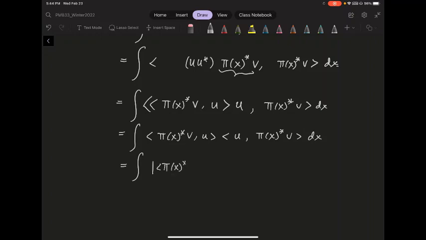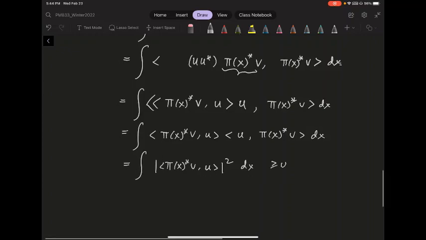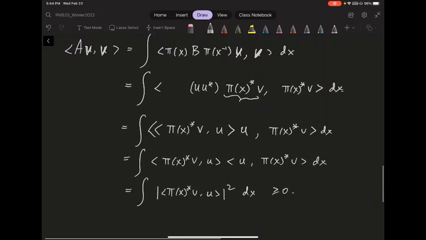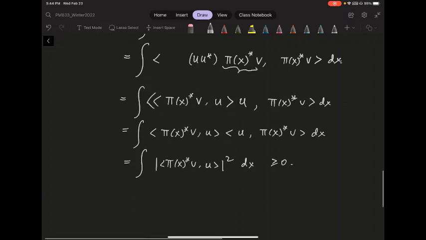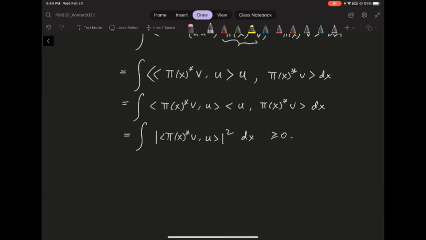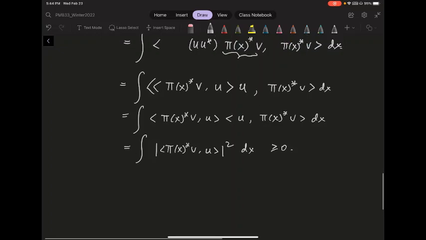So you have pi x star V with U, absolute value squared, dx. And because now you see it's an integral of something that's positive, this is going to be non-negative, okay? So in particular, the inner product of AV with V is always going to be non-negative, so A is a positive operator. And to show it's actually non-zero, well, we evaluate at U.